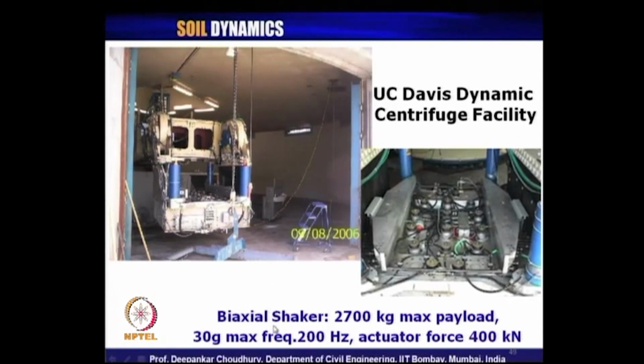The biaxial shaker capacity is 2700 kg maximum payload, and 30 G is the maximum, with 200 hertz frequency. At 30 G they can operate the machine with an actuator force of 400 kilonewton.